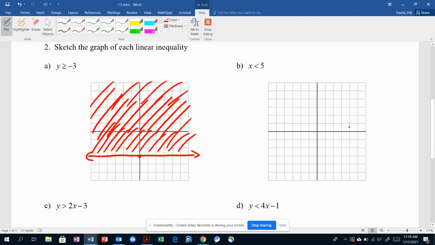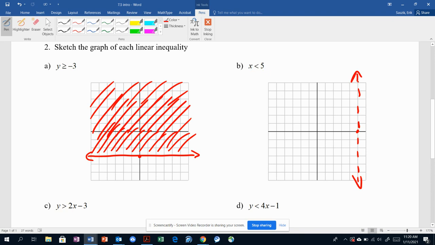x equals a plain number, like 1, 2, 3, 4, 5, is a vertical line. But this line we have to draw dashed, and I'll explain why in just a second. You see, this just says x is less than, plain less than. If we were to make this line solid, a solid line means that anything on the line is good. But anything on this line, the value of x is 5, and 5 is not less than 5.